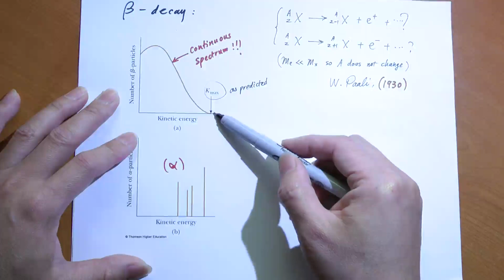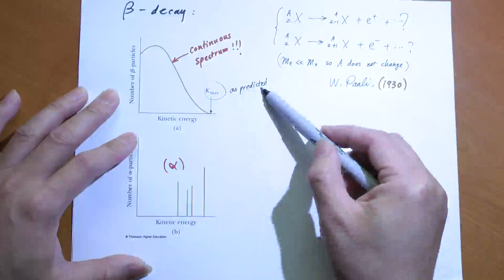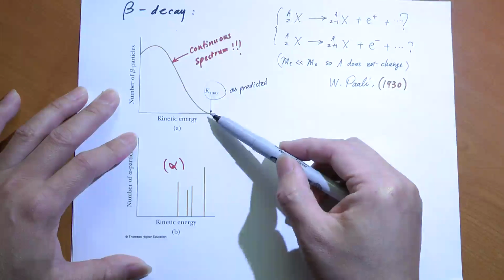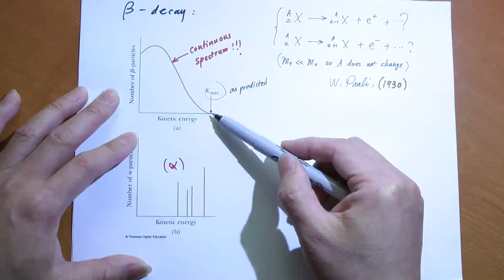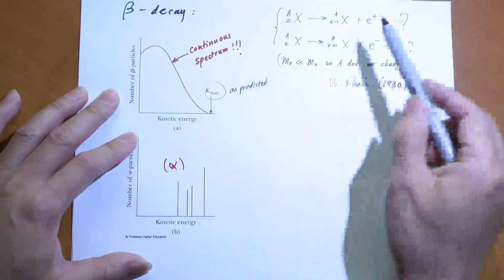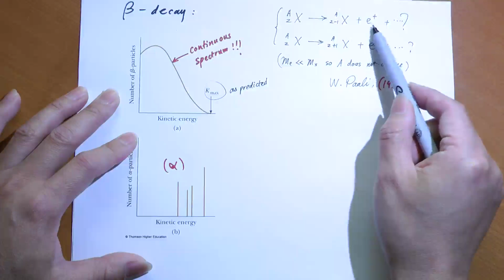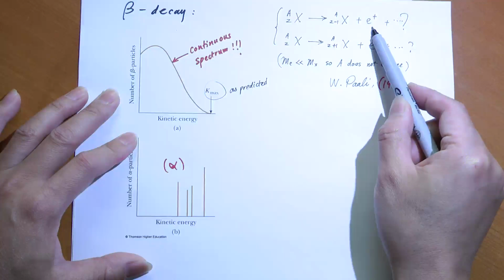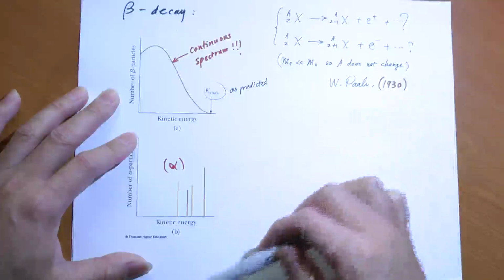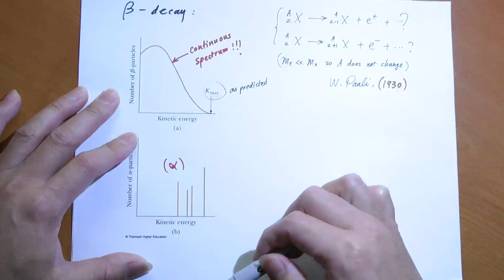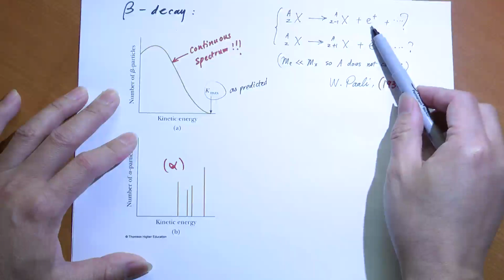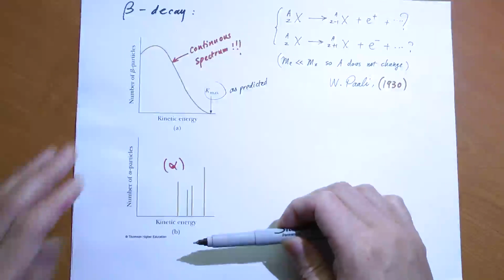Now this K maximum is as predicted, meaning that if you assume that the outgoing particles are this daughter nucleus and this electron, the positron, you use the same calculation that we did a minute ago. You probably have to consider relativistic effects because the electron can travel at relativistic speeds, being so light.